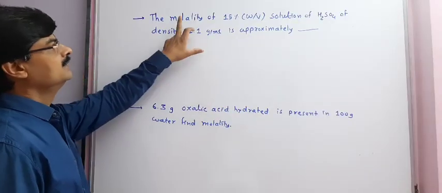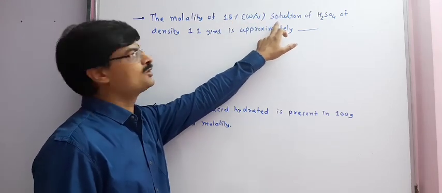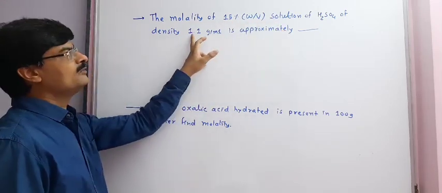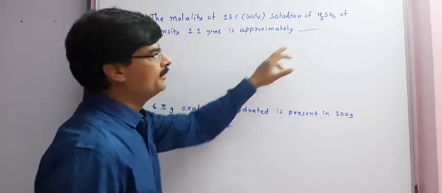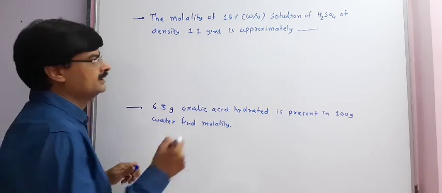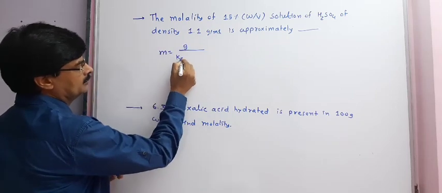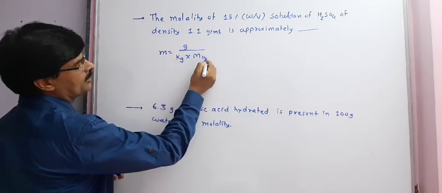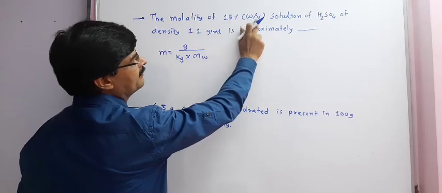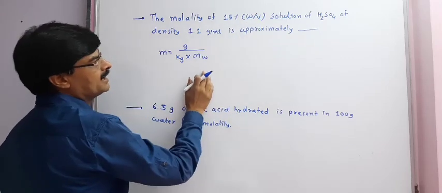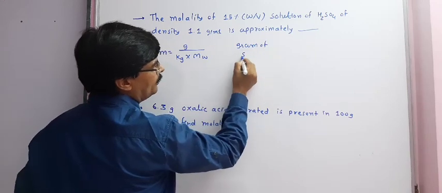In the next sum, the molality of 15% W by V solution of H2SO4 with density 1.1 gram per ml is approximately what? Means we have to find out the molality. Molality is equal to gram per kilogram into molecular weight. But here it is given 15% W by V solution, means first we can find out the gram of solvent.